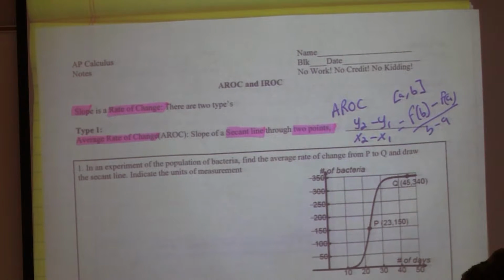Okay, let's look at this example here. It says, in an experiment on the population of bacteria, find the average rate of change from P to Q and draw the secant line. Indicate the units of measurement.